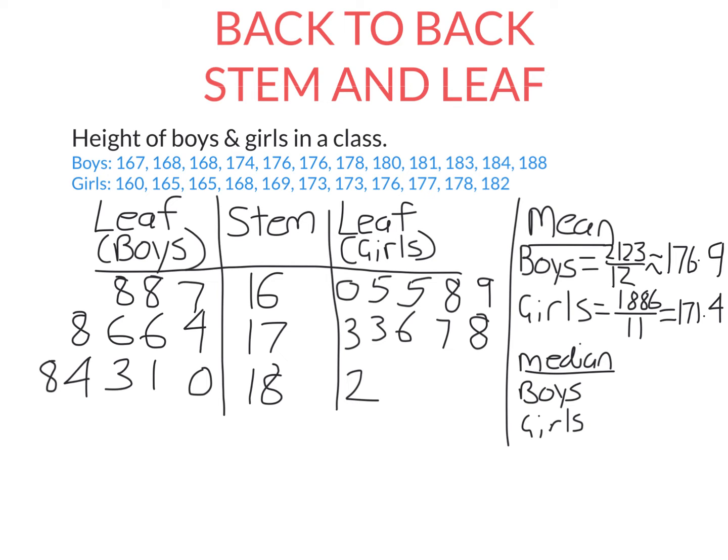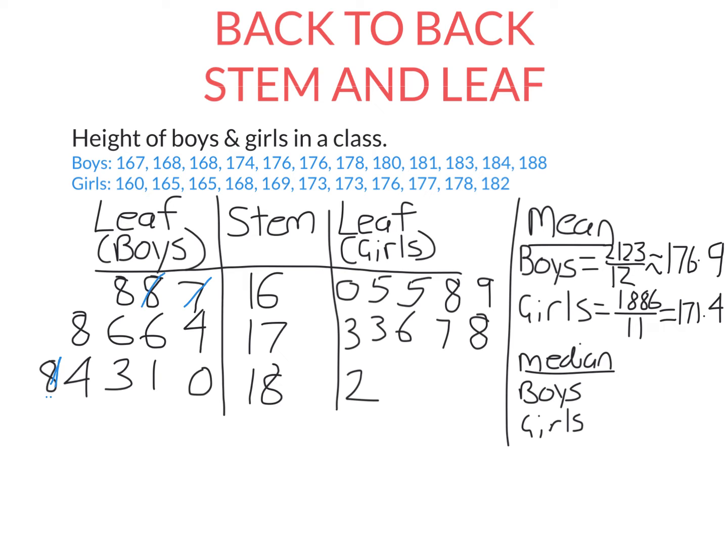Now let's calculate the median of both of these. If you need to calculate the median of a set of scores from a stem and leaf plot, a good trick is to cross out the highest, then the lowest, then the second highest, second lowest, and so on until you're in the middle. What do I mean by that? Well, the highest score here is 188, so I cross that out, then I cross out the lowest.